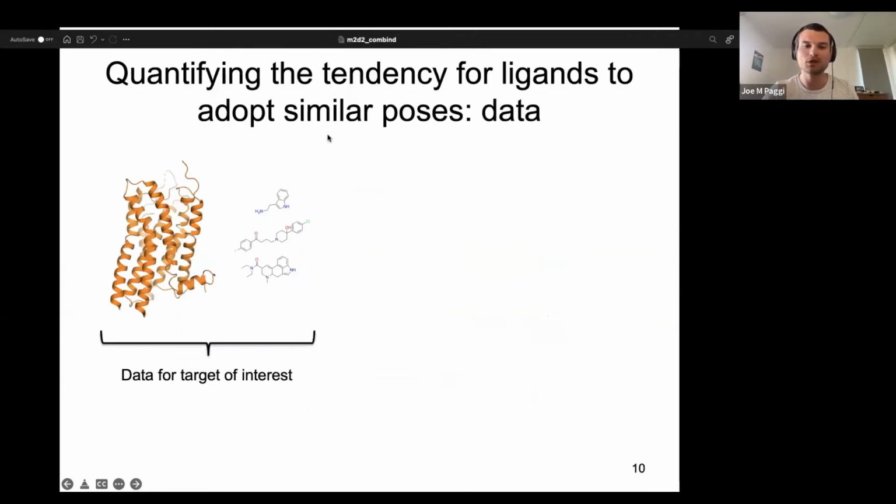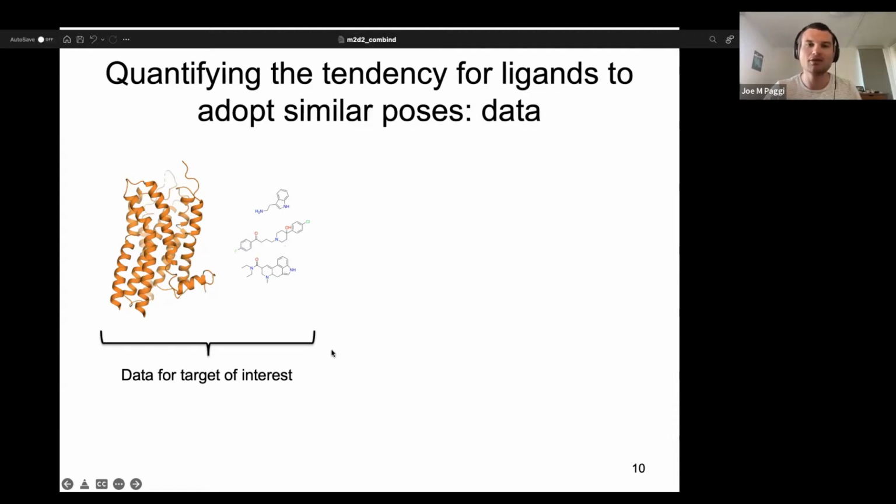There are two things that are challenging. The first is that at test time, when we have our data for the target of interest, by the assumptions of our method, we don't know the binding poses for any of these ligands. So we can't train a model specifically on this data, because we simply don't know which poses are right for any of these ligands.